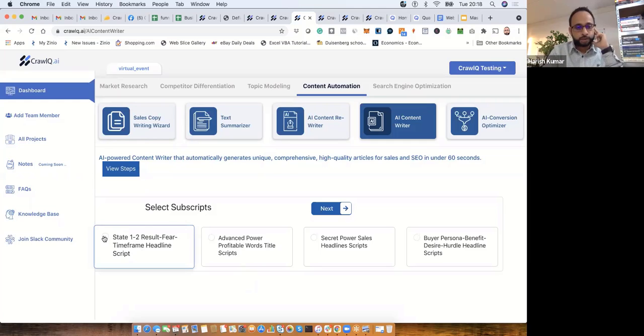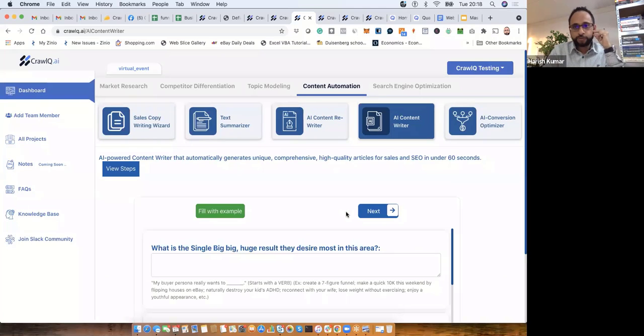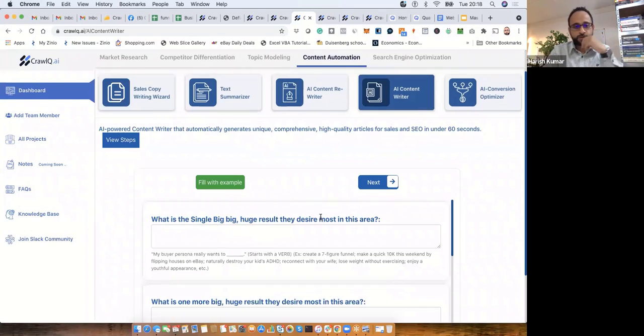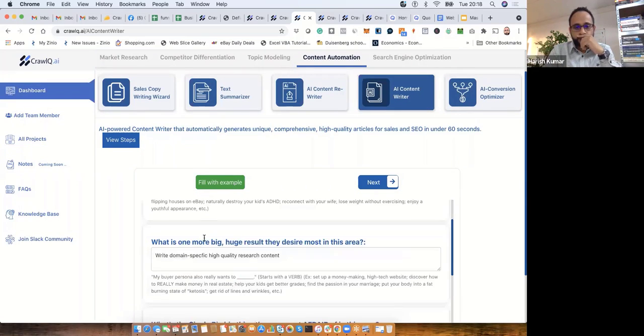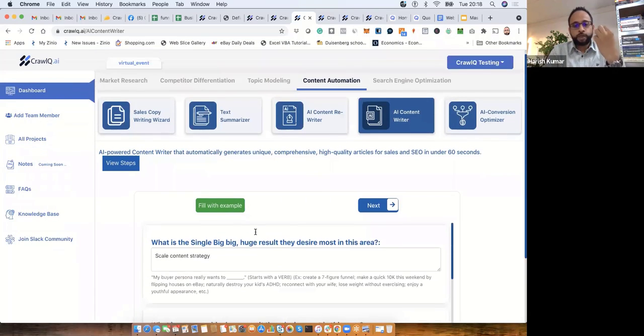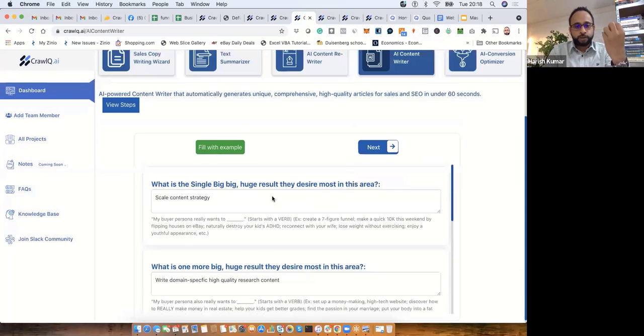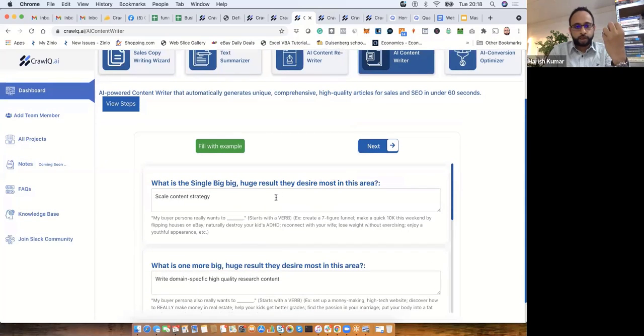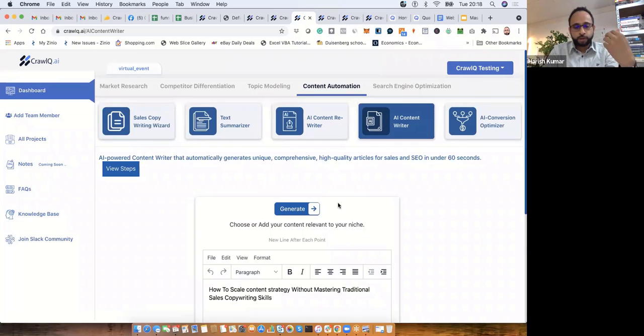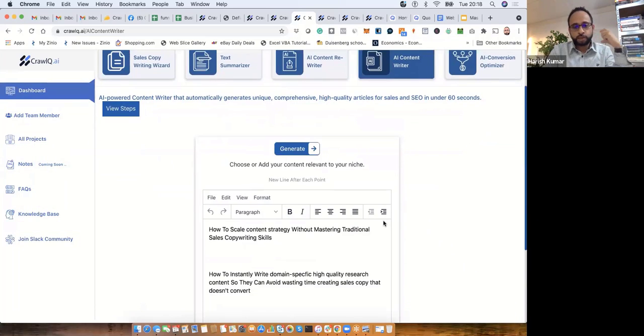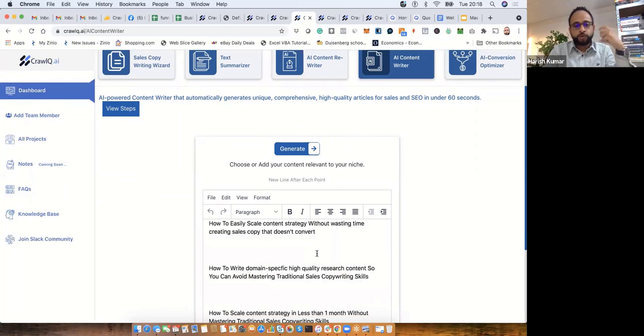So let me take this example. Again, the idea here was that you can fill it with an example or you can fill it with AI. Let me do it quickly. So I have an example. I got my initial headlines based on my initial inputs. Don't think of them as headlines.